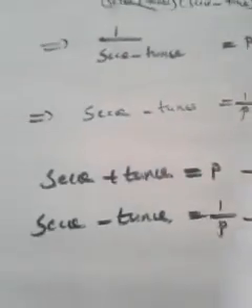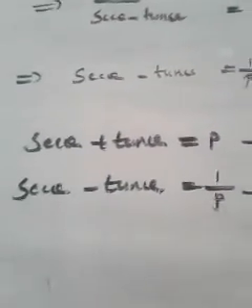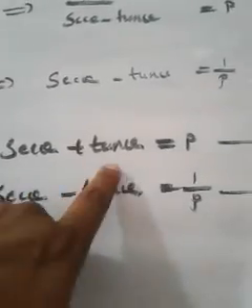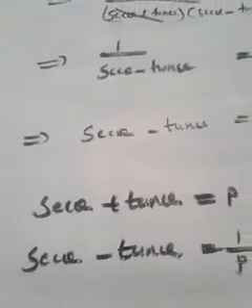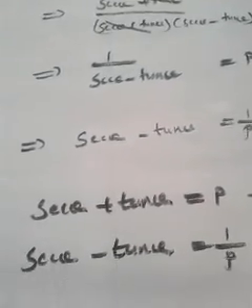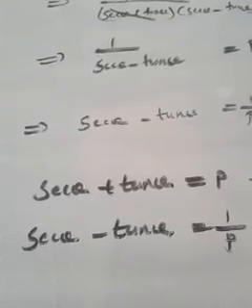When you solve these two expressions, we will get the values of sec and tan, not cosec. But by using that sec and tan, let me try to find cosec. You may have understood, isn't it?